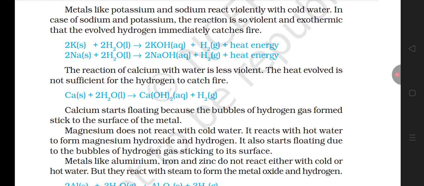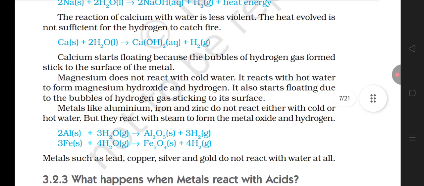are very reactive. Now the reaction of calcium with water is less violent, but it is also very violent. We cannot do it in a casual way. Calcium plus 2H2O will give us calcium hydroxide plus hydrogen gas, but in this case it is not sufficient for hydrogen to catch fire.